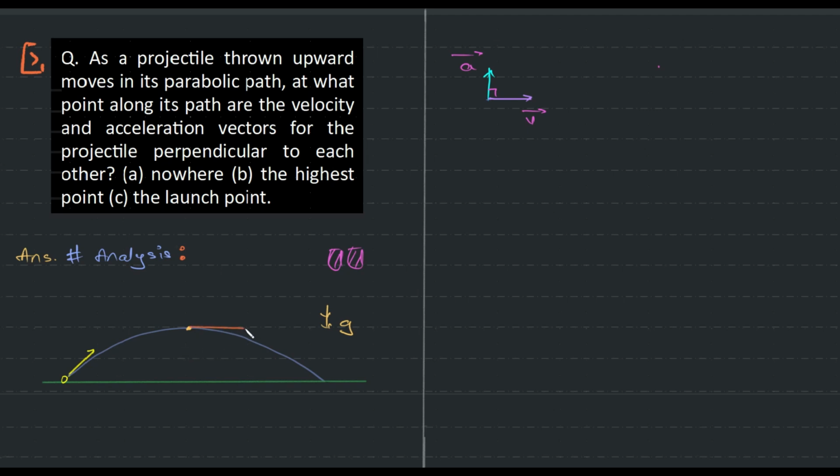It becomes zero. So the velocity over here at the maximum point, the only one who is contributing is the x component, and that is horizontal to the ground. And of course, pointing inward to the ground is your gravity.